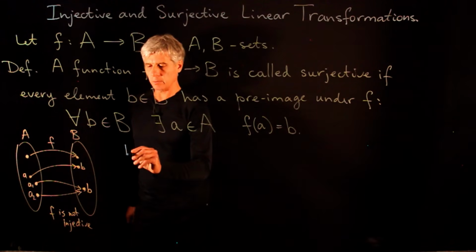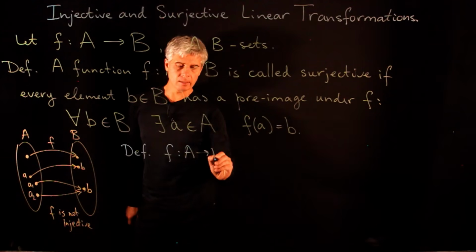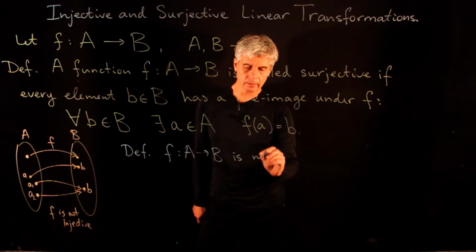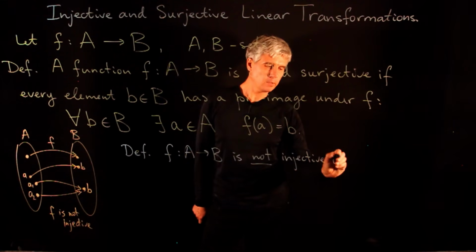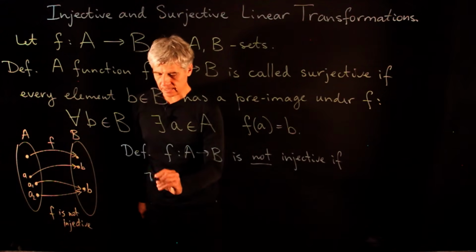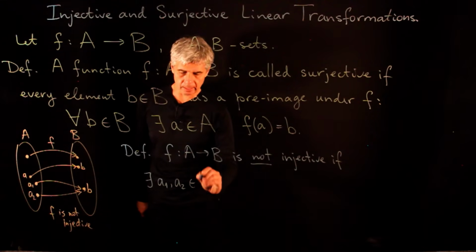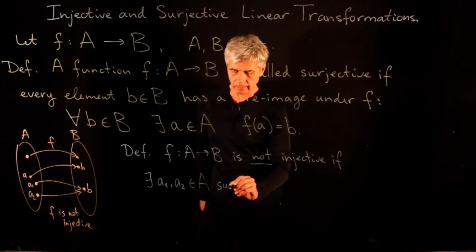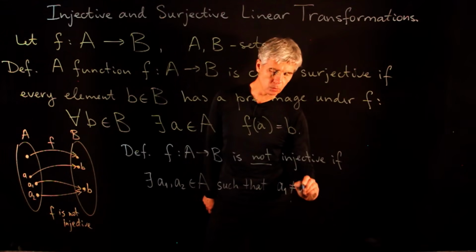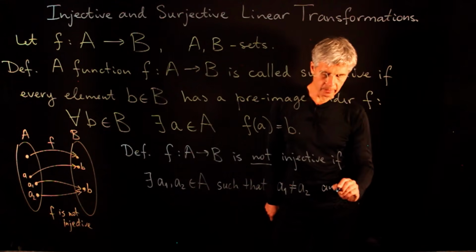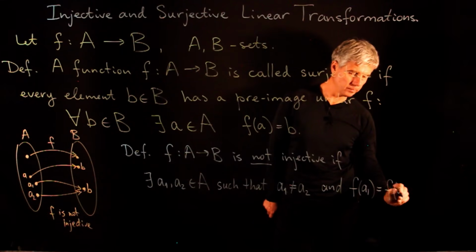So let us write it down. Definition. f from A to B is not injective if there exist elements A1, A2 in the set A such that A1 is not equal to A2, but f of A1 is equal to f of A2.